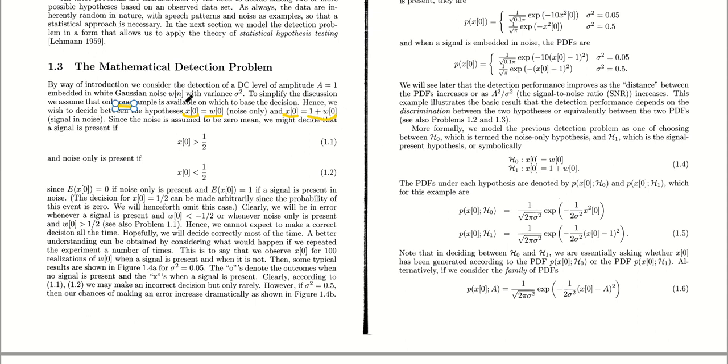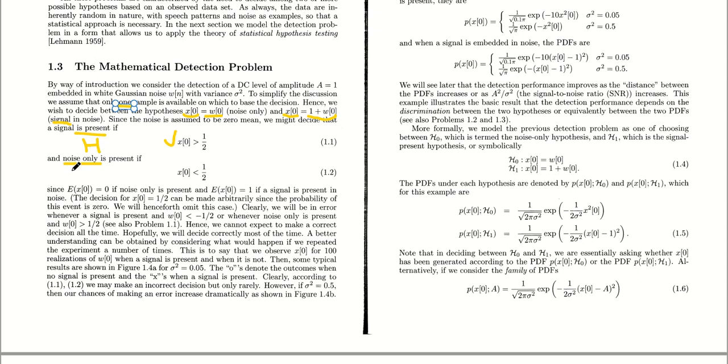So this is one sample, meaning that you're taking only one sample. Then this A is the so-called DC, meaning signal in noise. Since the noise is assumed to be zero mean, we might decide that a signal is present if this, right? Signal is present. This is one of the hypotheses, right?